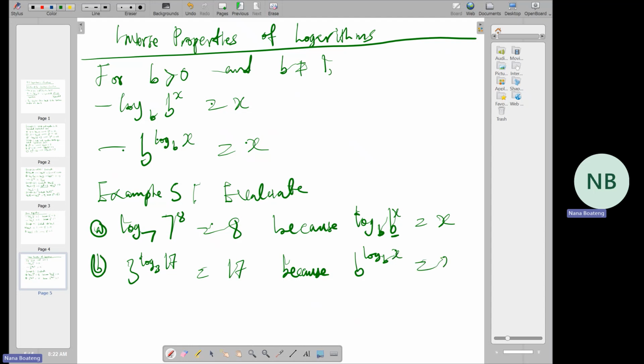All right, so we are evaluating these two based on the two inverse properties that we just looked at.